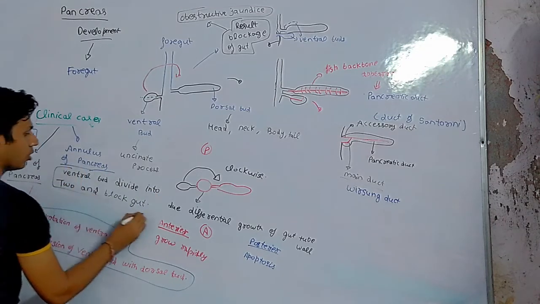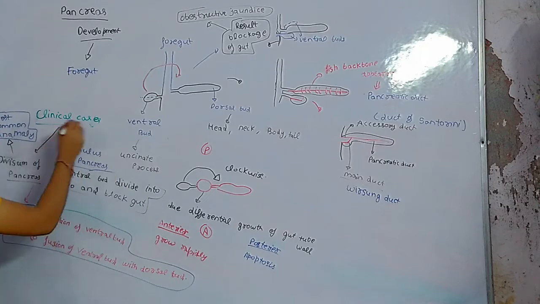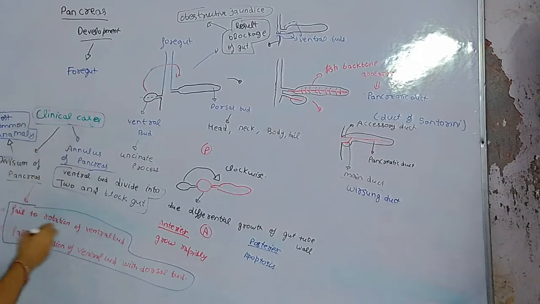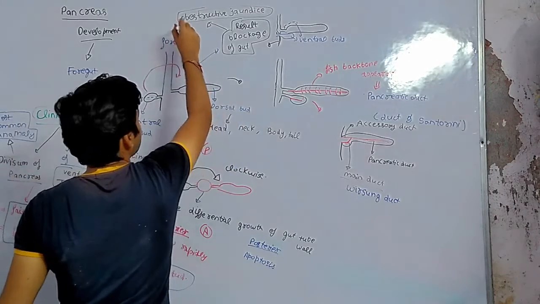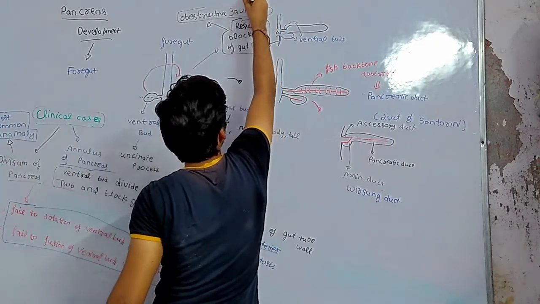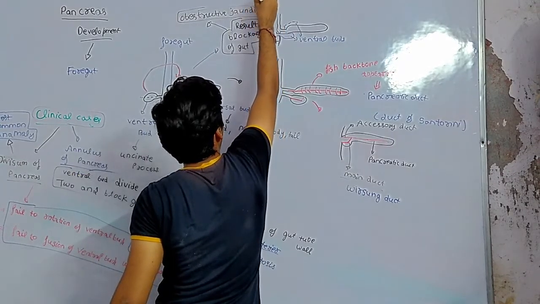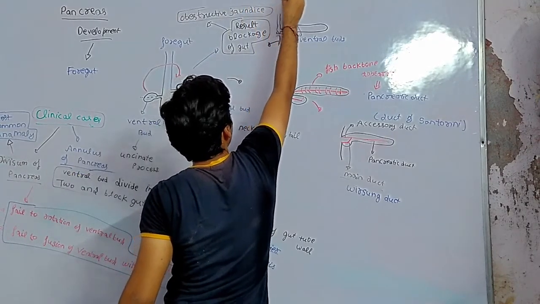This is the second anomaly of the pancreas. These are the clinical cases. This is the whole of annulus of pancreas.